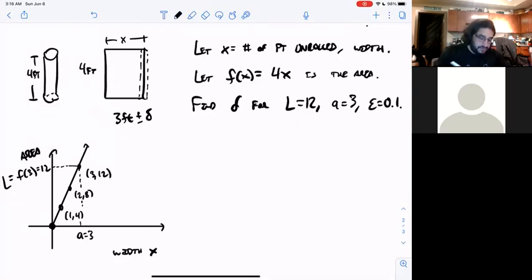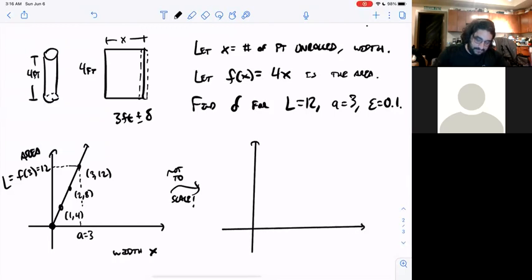So what this amounts to at the end of the day is really just solving for a couple intersection points. So I'm going to zoom in on the part of the graph I really care about. And I'm going to purposefully draw it not to scale, just to be able to see it a little bit better. So here's 12, 12.1, and 11.9.